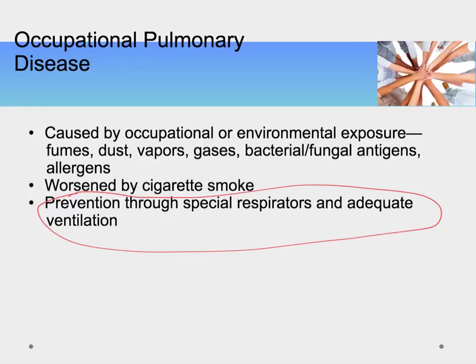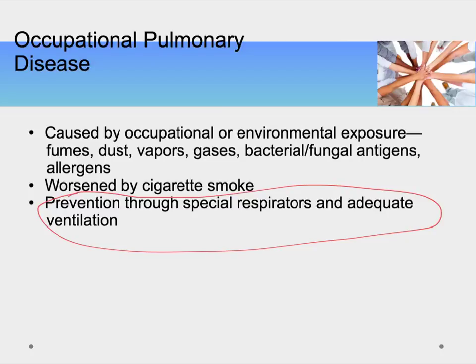If a patient is working at a place where they're getting pulmonary problems, they need to make sure their employer is providing them with proper respirators and adequate ventilation. If not, they can complain through OSHA, an organization that can come in and make sure of occupational safety and health.